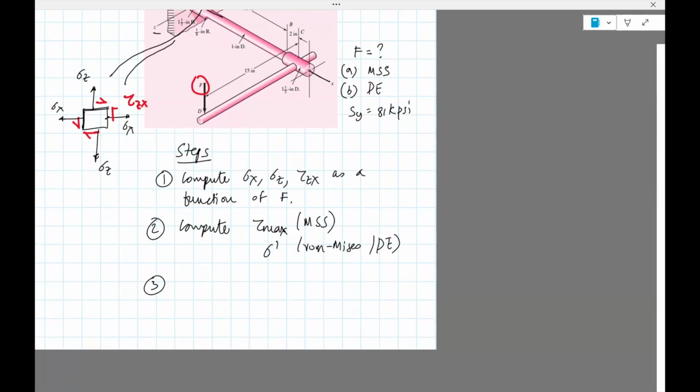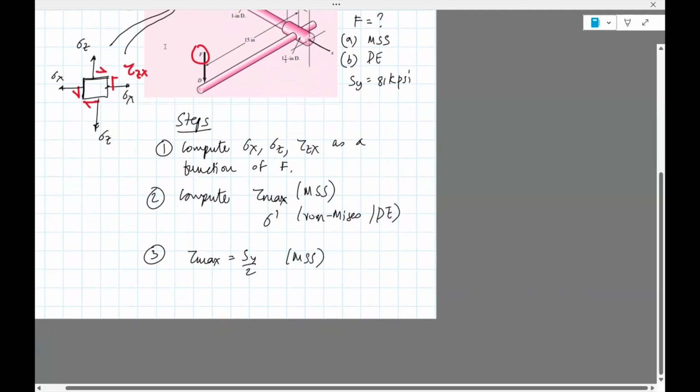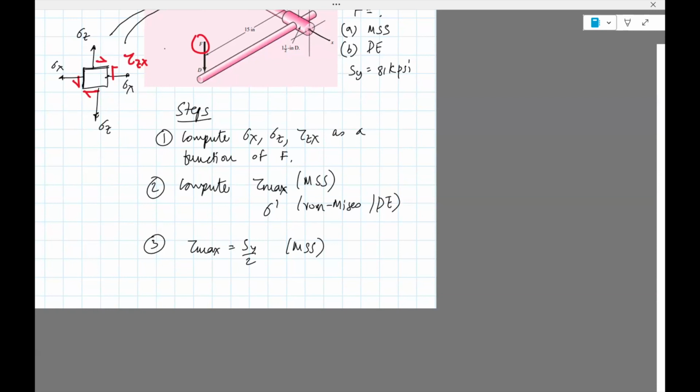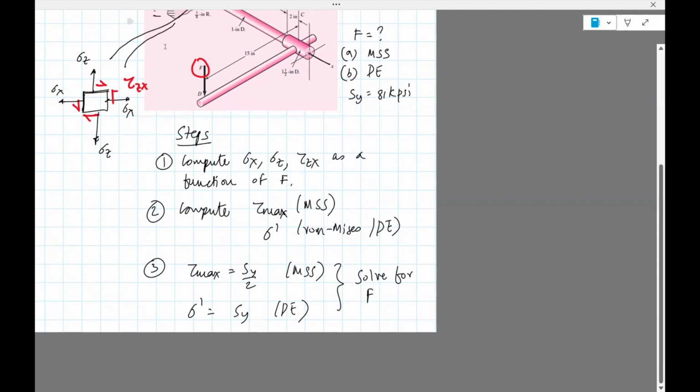And then third, we'll equate tau max is Sy divided by 2. This is by the MSS theory, right? MSS theory, this is the failure criterion. And for the von Mises, sigma prime equals Sy. This is for DE. And this will help us solve for F. So we just do these 3 steps, and we are done.